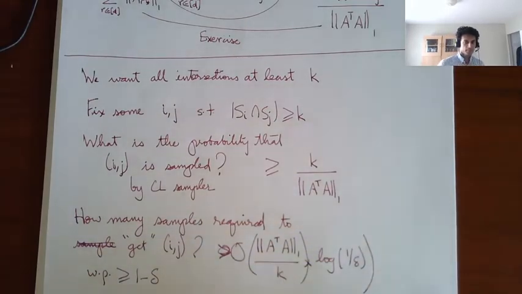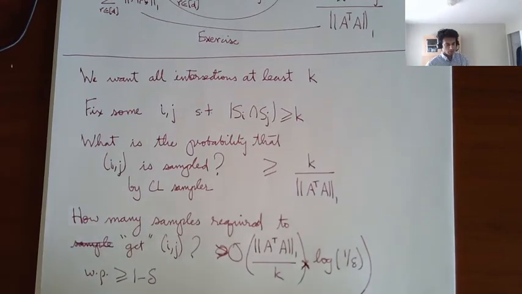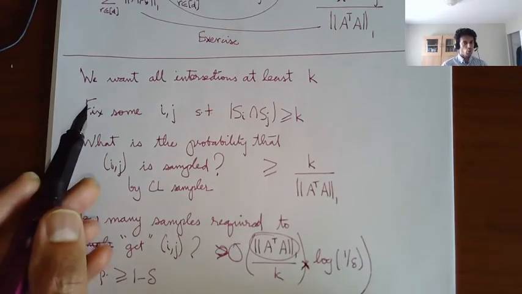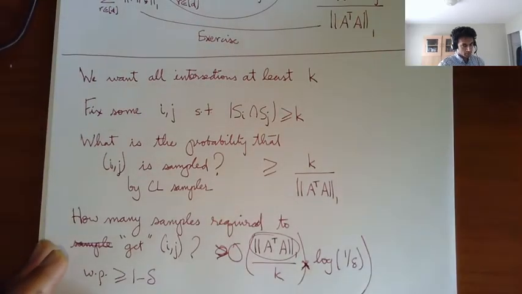That's how many samples you need. So this was your trivial bound, and you're beating that by a factor of k. But I haven't finished the analysis. This was only the analysis to get a single ij. We wanted to get everything.